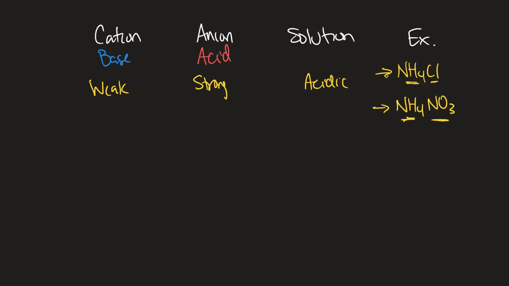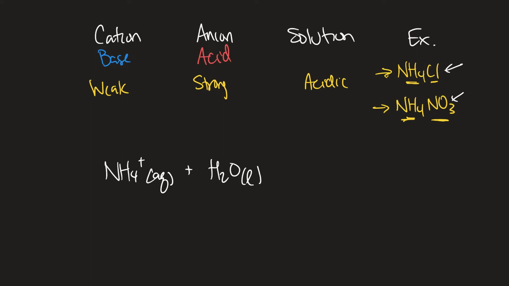Now, how does this happen? Remember these are all aqueous solutions, so they will all dissolve. You will have just the ammonium ion in solution, and it's going to be in contact with water.